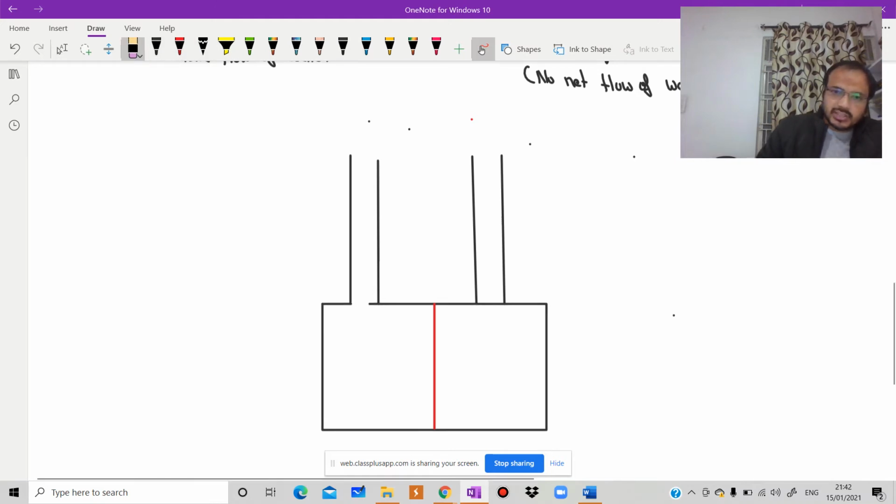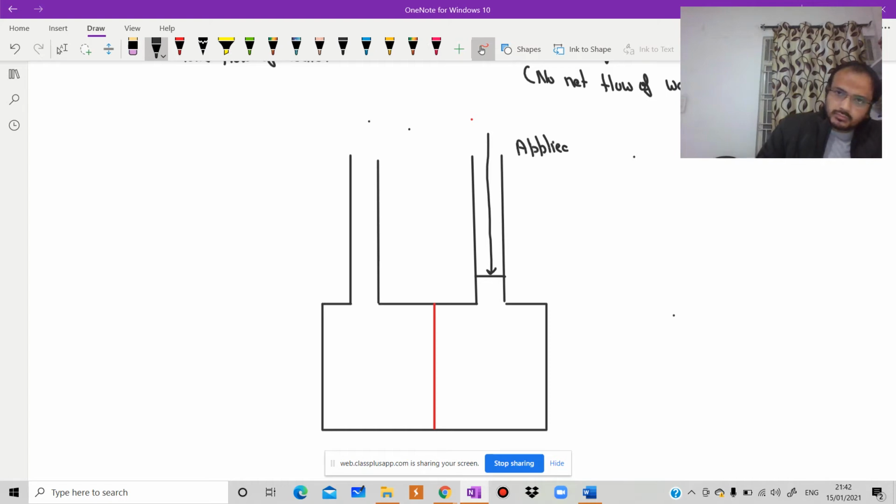If we want to reverse the flow, then we need to apply some pressure on this side. This is the applied pressure. In this case, movement will be in this direction.